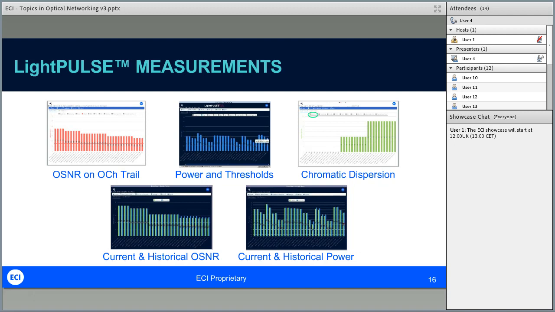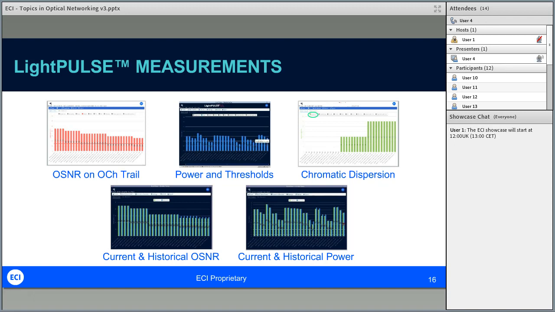So when you're making a measurement, you can compare it to historical measurements and see if changes are taking place, and then you can analyze your network in terms of where problems might be developing, so that you can start to take proactive steps before they become real problems.